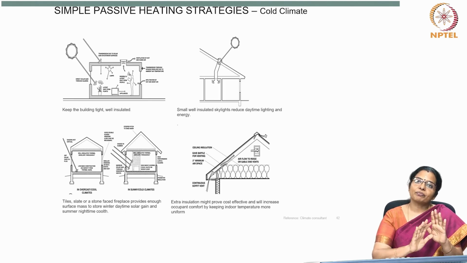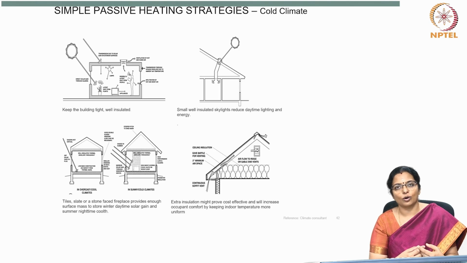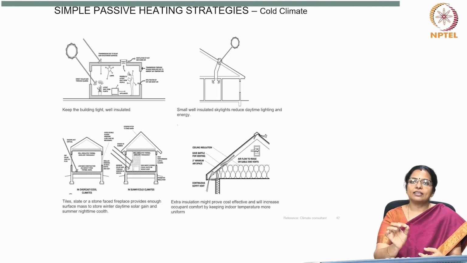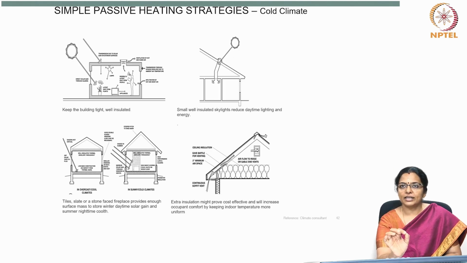Last class, we saw what the simple passive techniques are. In this class, we have seen the principles behind each of them, and we have also shown how for various climate types, simple passive strategies can be used and adopted in the form of orientation, or how we place windows, how we place openings and so on. We will end this class with a glimpse of a small case study where simple passive strategy has been adopted.